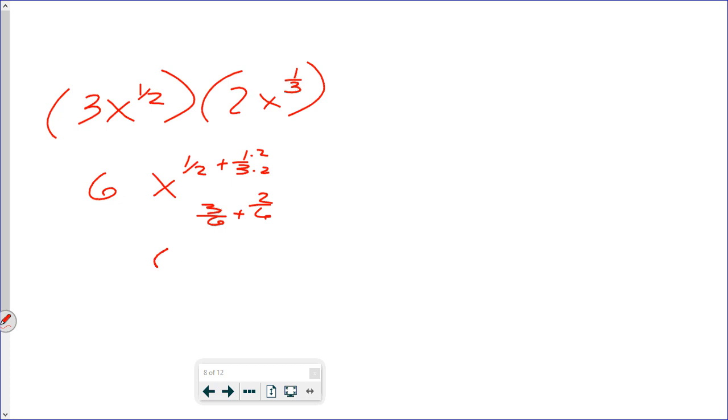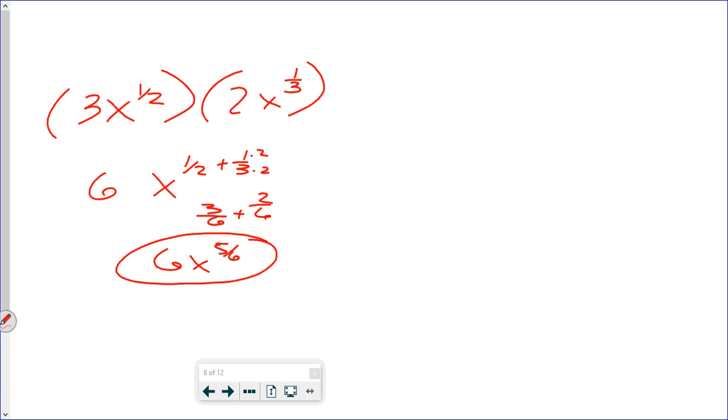So it'd be 6x to the 5/6. So remember, when you multiply, that's when your exponent changes. When you add, does your exponent change? No, you're just combining like terms. You can only combine them if they have the same x. That's just a little side note, if you have space for it.